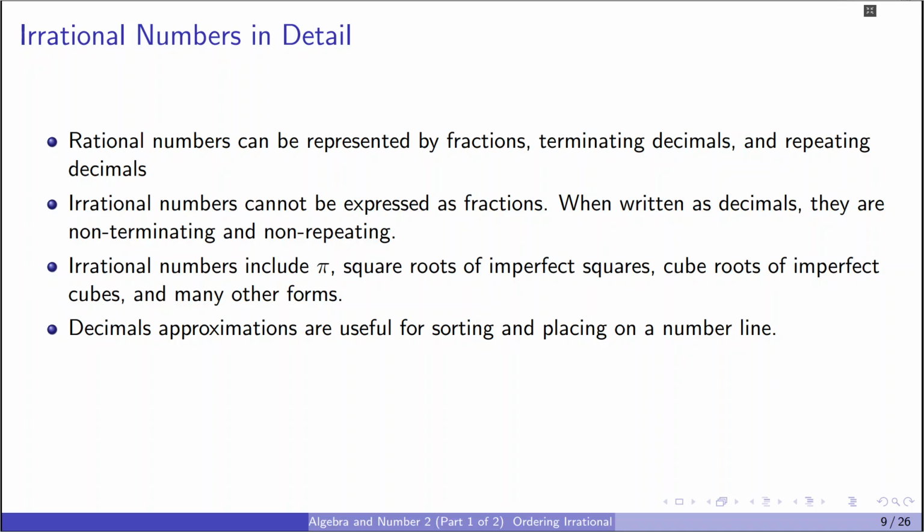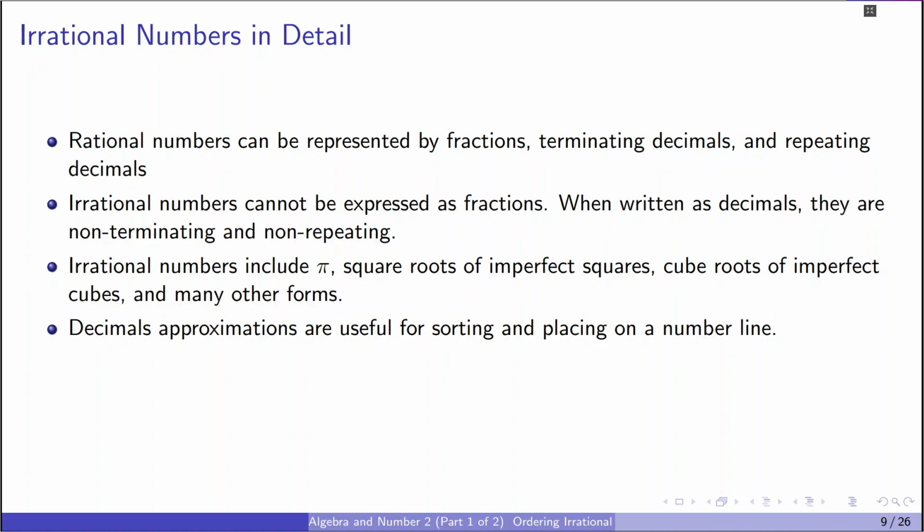Now, I say decimal approximations. These are non-terminating, non-repeating decimals. Because of that, we can never write them exactly on paper. We can't use just more and more decimal places because we'll never run out of decimal places. So using the decimal approximations is something that's enough to sort it.